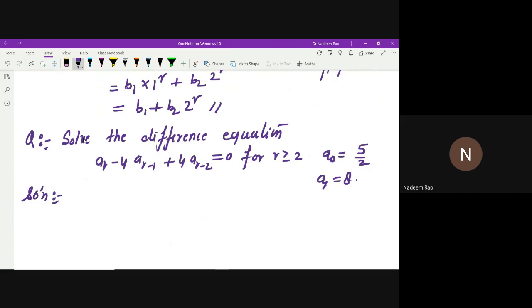recurrence relation or difference equation is a_r minus 4 a_(r-1) plus 4 a_(r-2) equals to 0, which is of first degree, second order linear homogeneous difference equation.